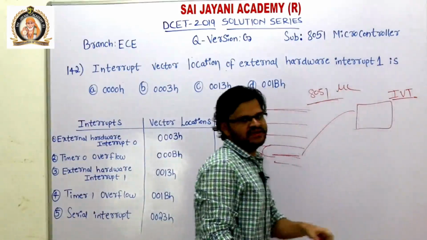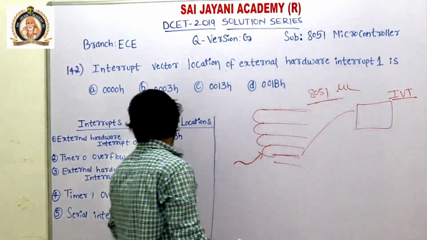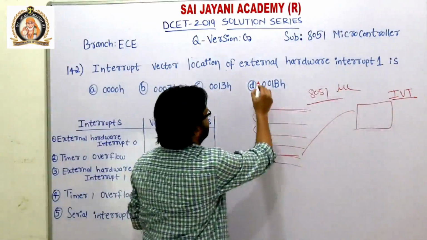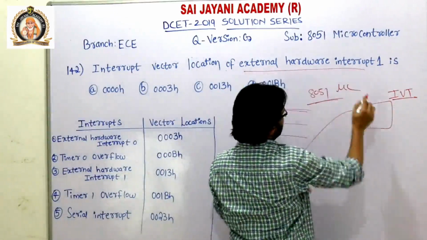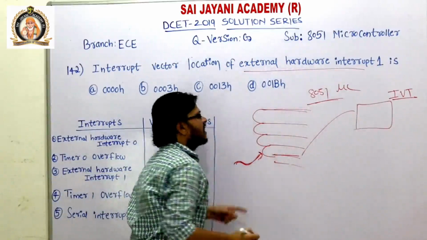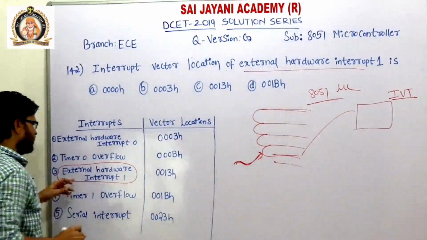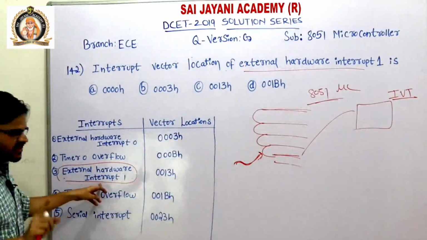In the interrupt vector table we have addresses of ISRs. Suppose external hardware interrupt 1 occurs. External hardware interrupt 1 is also an interrupt.